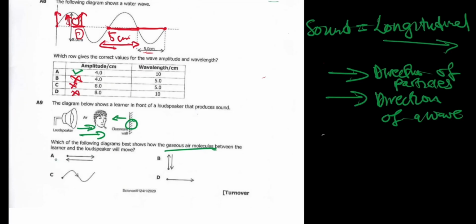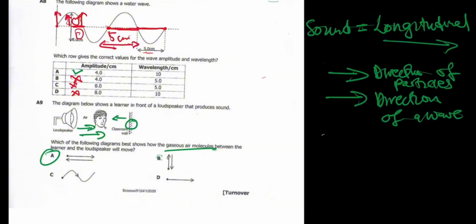So when you look at the choices here, actually A is the correct option here because this is showing that the gaseous air molecules are moving parallel to the direction of travel of this sound wave. And the two arrows are showing that one is going forward and then after it bounces back, it comes back to the direction it was coming from.